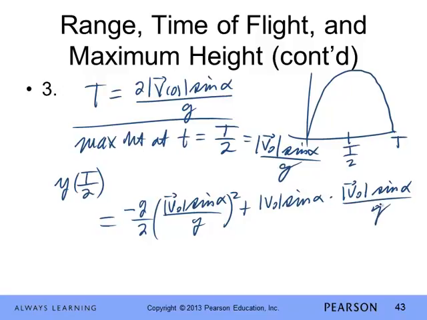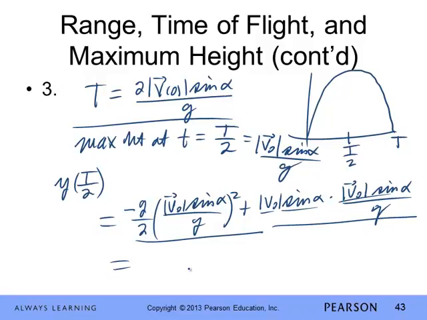Now it's just an algebraic exercise. You've got V naught, or the speed, times sine of alpha, times this stuff over here on the right. When you combine this piece together with this piece, what do you get?